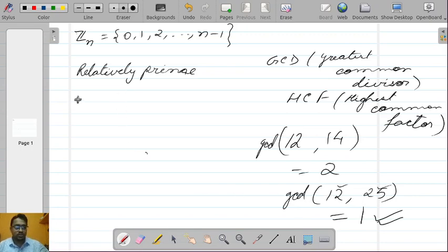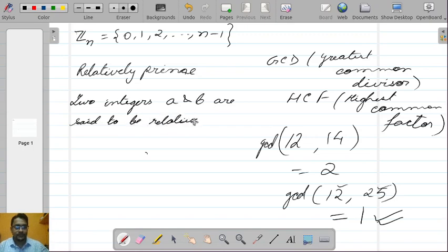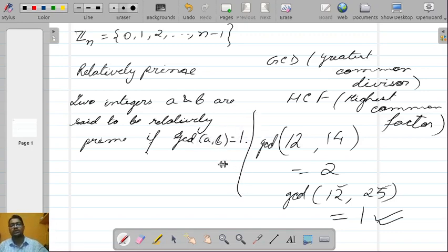So two integers a and b are said to be relatively prime if GCD of a, b is equal to 1. If their greatest common divisor is 1, there is nothing more common between them.